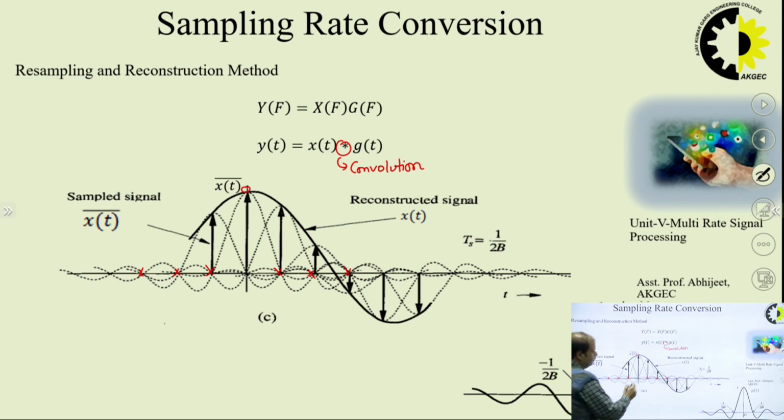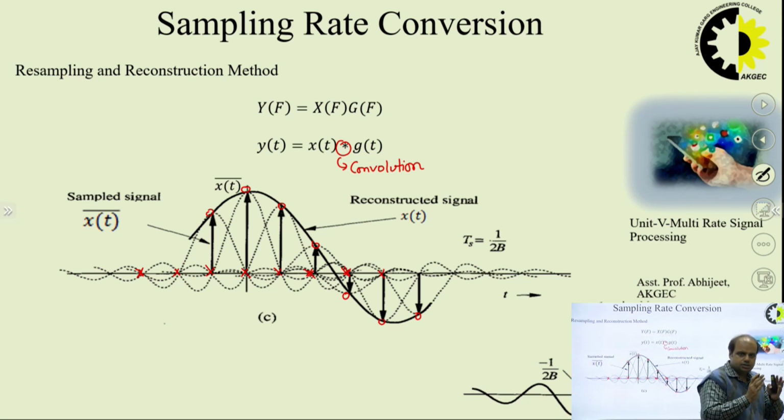Similarly, the maxima of the second sinc pulse will give you the value of the second sample that was picked, and all the other values of the second sinc pulse will be 0 at sampling instants. In this manner I can frame the samples and join them freehand to reconstruct the signal.